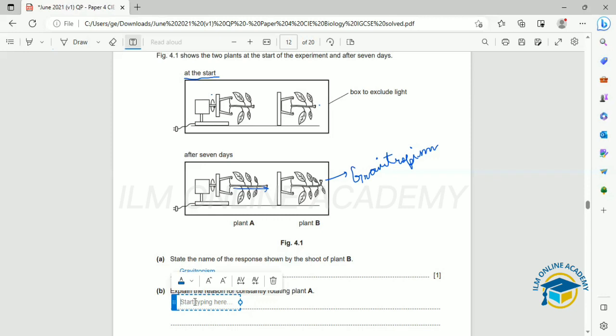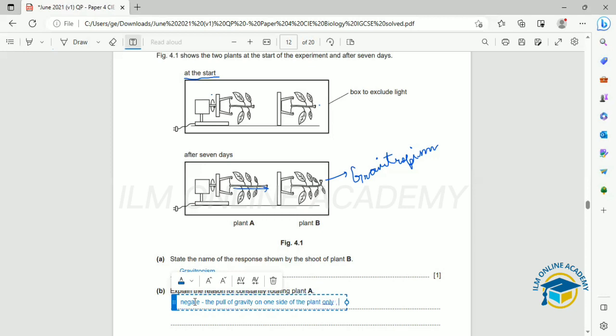So plant A constantly rotates to eliminate, or negate, the pull of gravity on one side of the plant only, and it is also being used as a control.